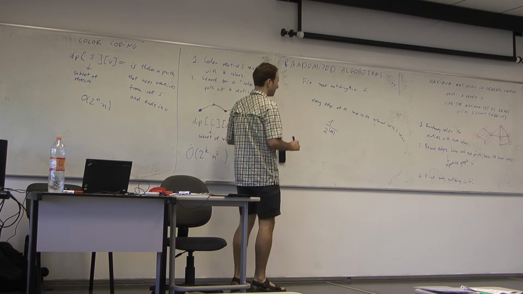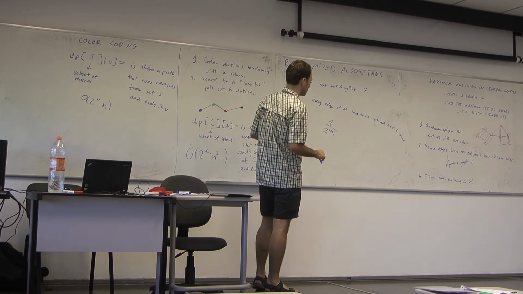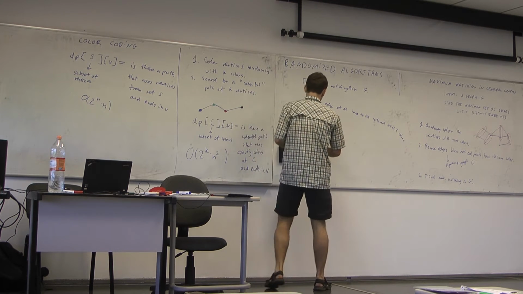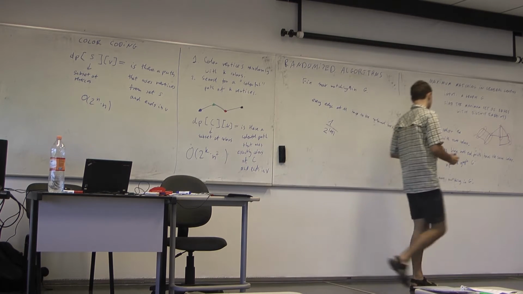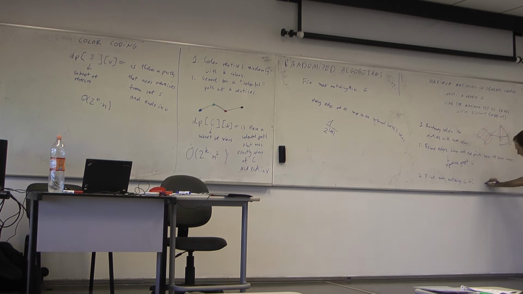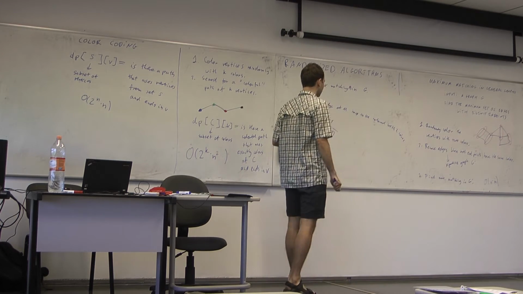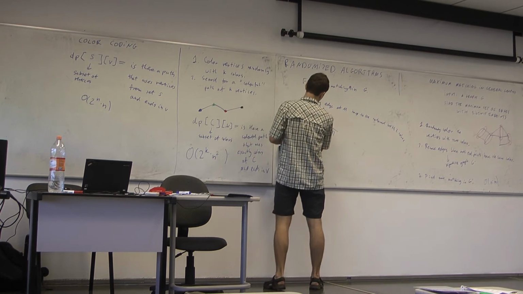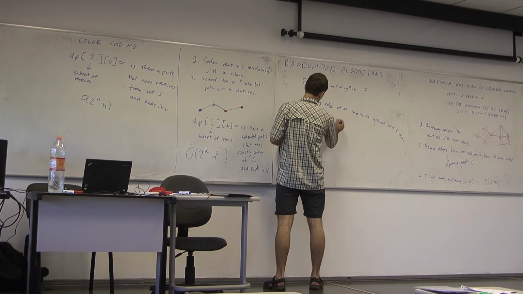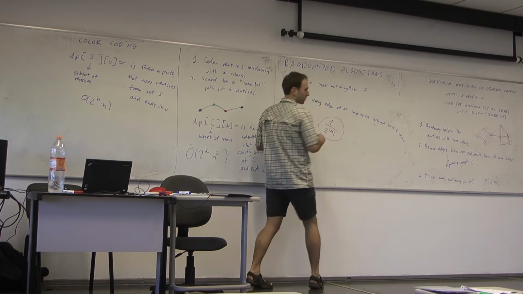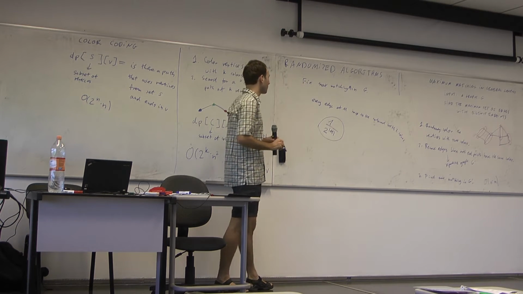And once we do that, we can find max matching in G prime, and so the last step takes something like n times m. We can do it a bit faster, but that's the simplest approach possible. So since this is as before, this is the probability of the algorithm being correct in one trial.